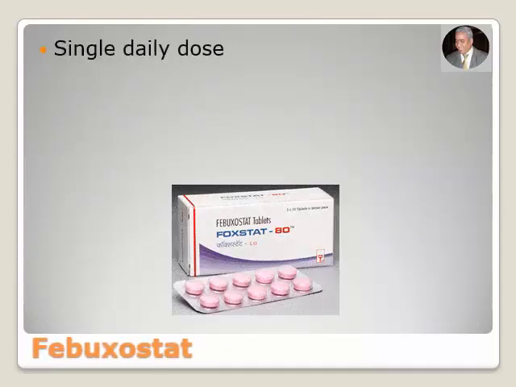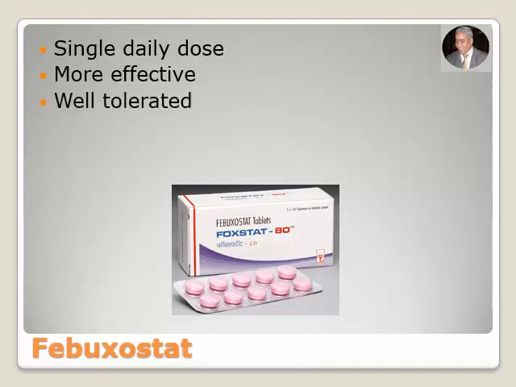Febuxostat is an alternative xanthine oxidase inhibitor. It is more potent, and accordingly, it is given as 80 mg tablets once per day. It is also claimed to be more effective than allopurinol. It is well tolerated orally.